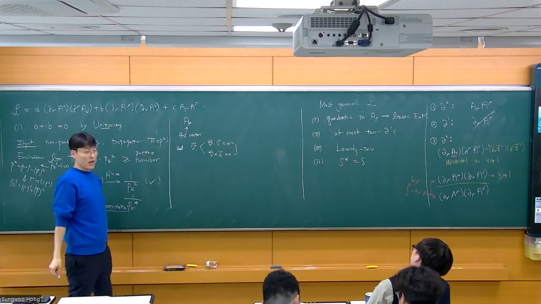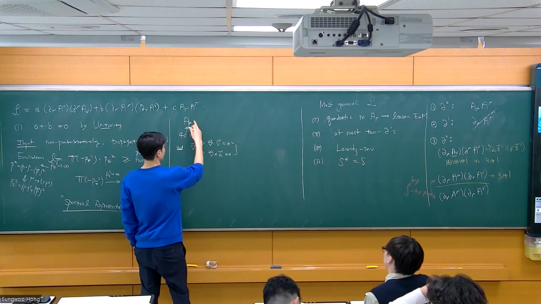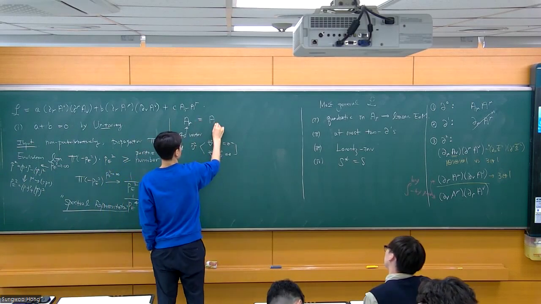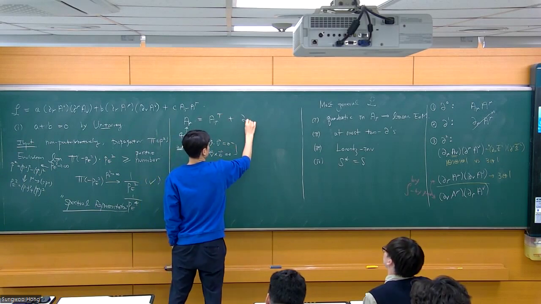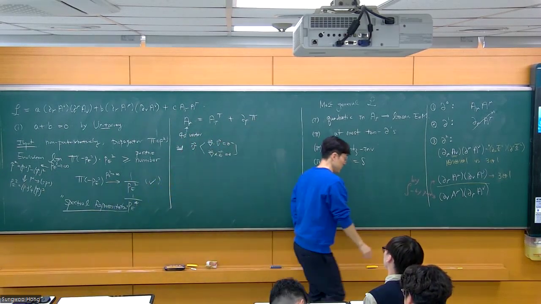In an E&M class, probably you have done that decomposition all the time. Therefore, I can do the same here. So I can rewrite it as a decomposition, like so. So let me see what each of these terms means.